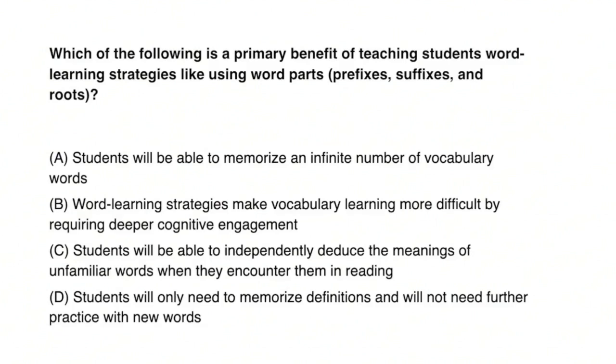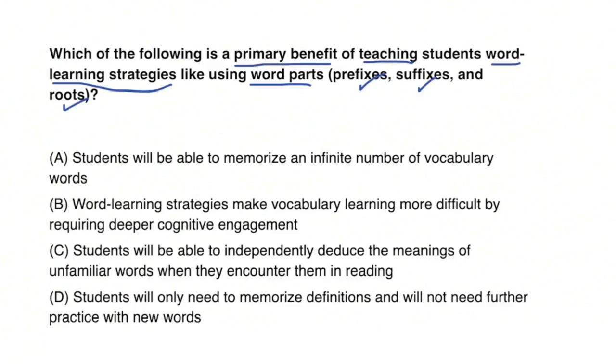B, word learning strategies make vocabulary learning more difficult by requiring deeper cognitive engagement. C, students will be able to independently deduce the meanings of unfamiliar words when they encounter them in reading. D, students will only need to memorize definitions and will not need further practice with new words.